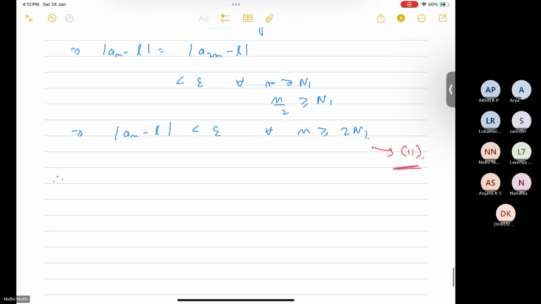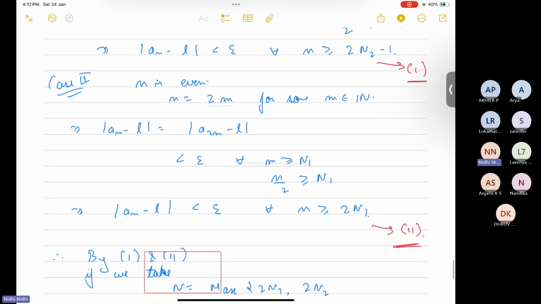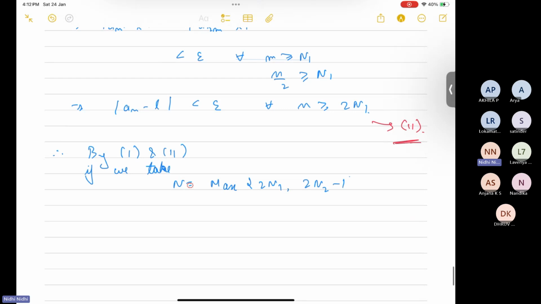Therefore, by first and second, if we take this capital N to be the maximum of 2n1 and 2n2 minus 1, we'll get mod a_n minus l less than epsilon for all n greater than or equal to N, which gives us that the limit as n tends to infinity of a_n is l.